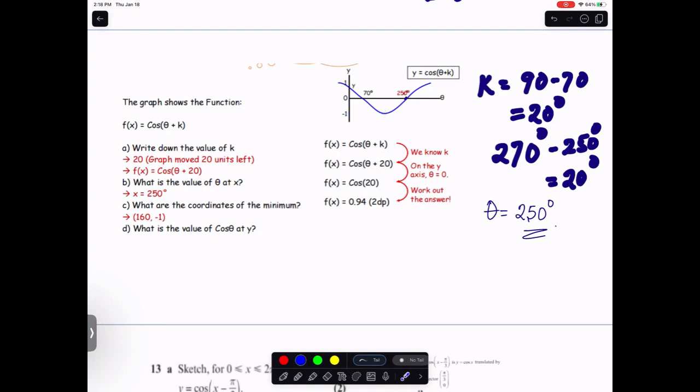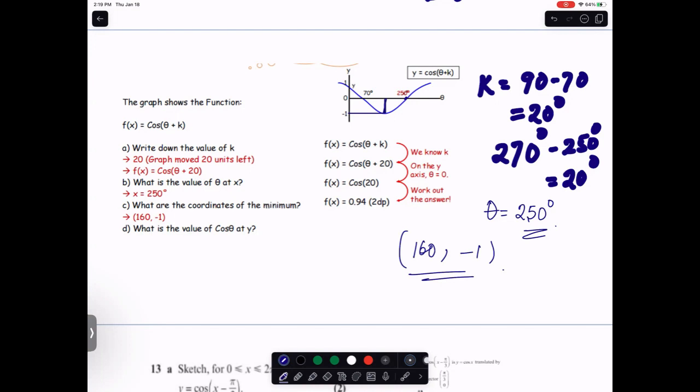So we have -1 for our y-axis on that minimum point. Then taking it upwards on this minimum point, just trace to this point, then to this point. So when y is -1, our x there is at angle 160 degrees. So we have our point as 160 and -1.